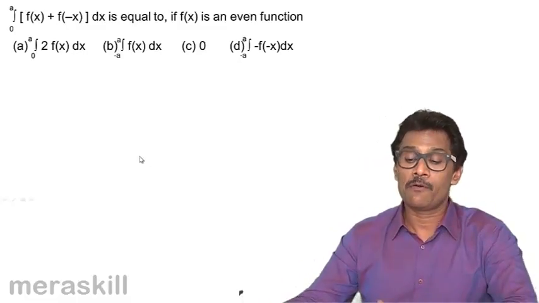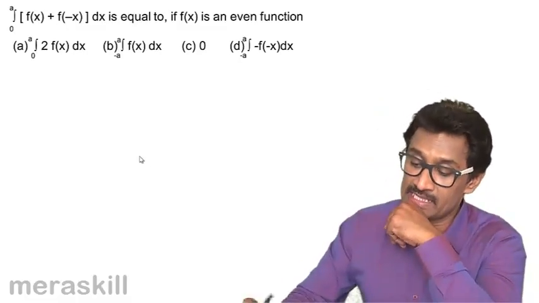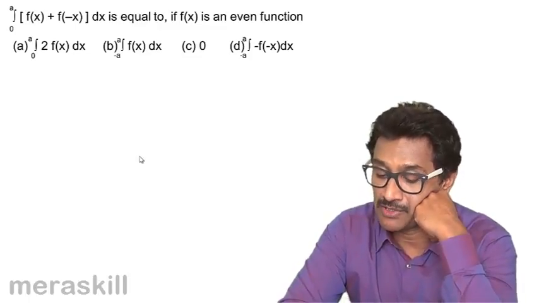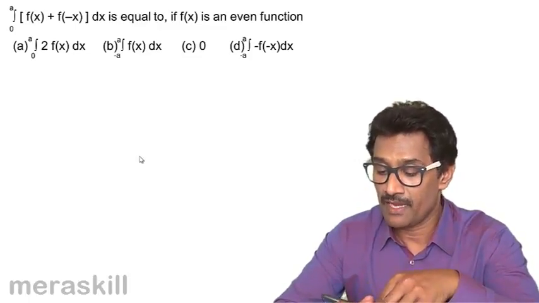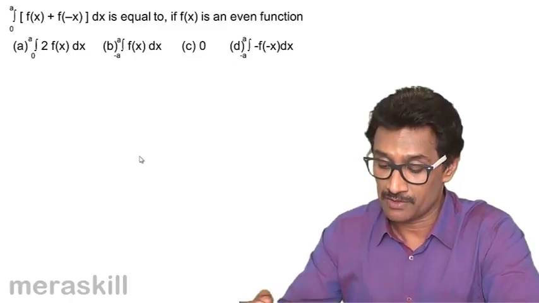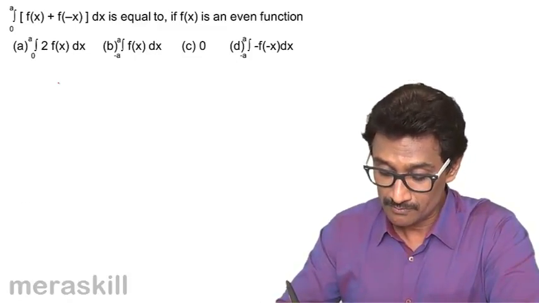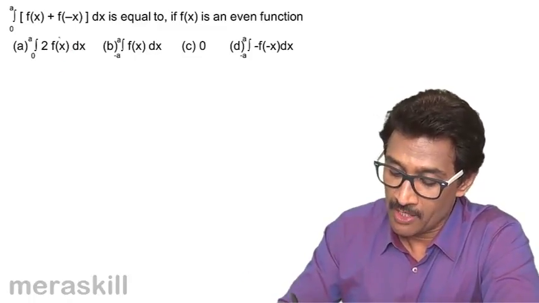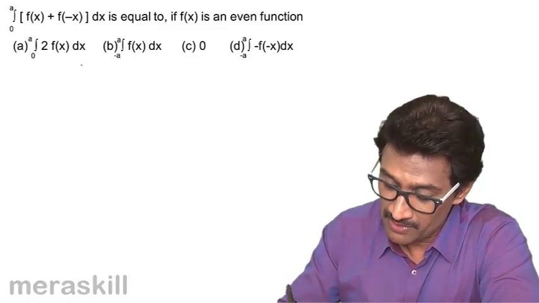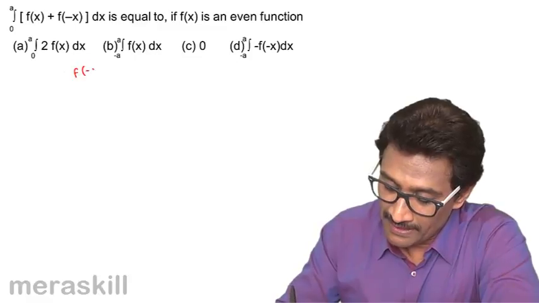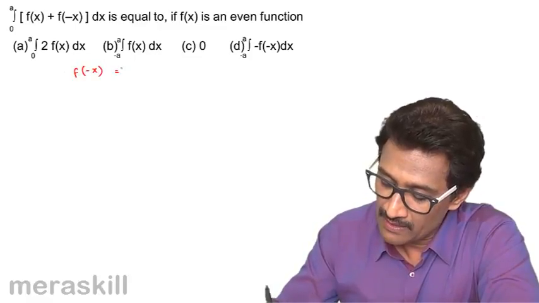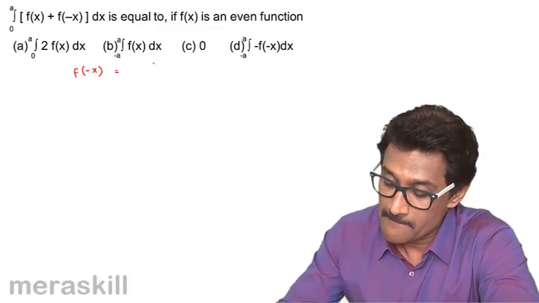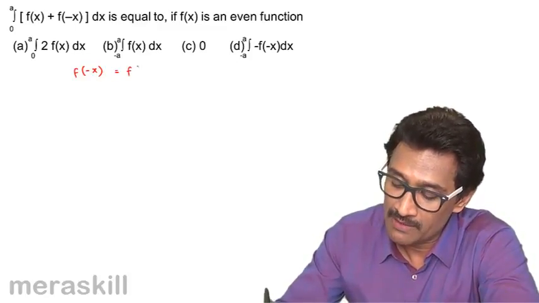Now we have the integral of f of x plus f of minus x dx is equal to what, if f of x is an even function. Now, if f of x is an even function, then f of minus x is nothing but f of x.